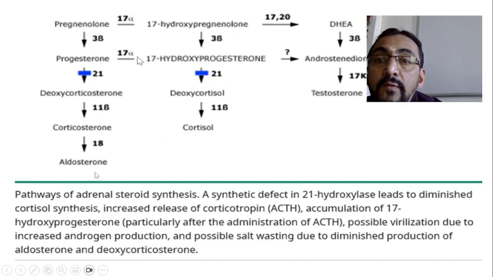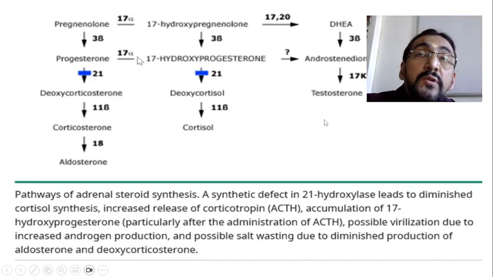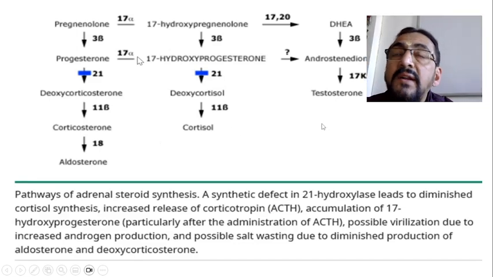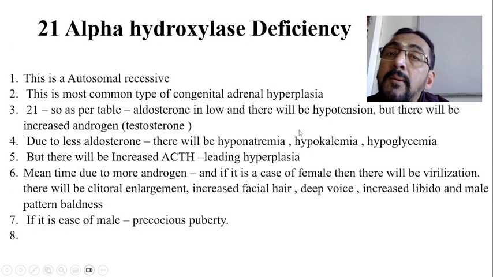Now actually for the formation of all the three, these are the steps required. How, in the absence of aldosterone and cortisol, only testosterone is formed in excess, that part I will explain in a later class. This is only the basics. In the next class again we will see the same thing, and we are going to discuss 21-alpha hydroxylase deficiency.